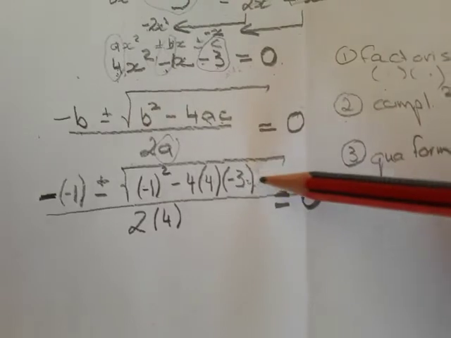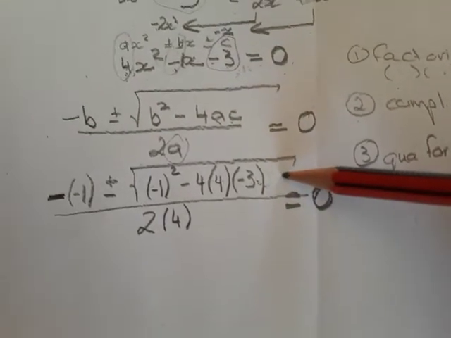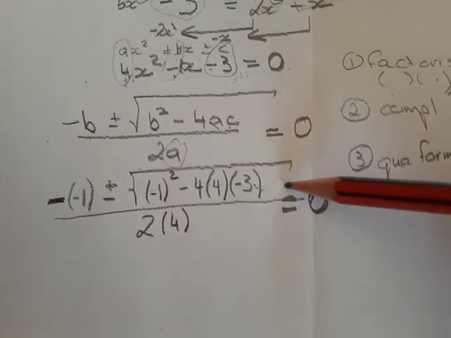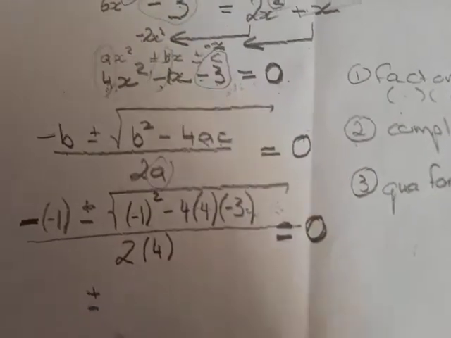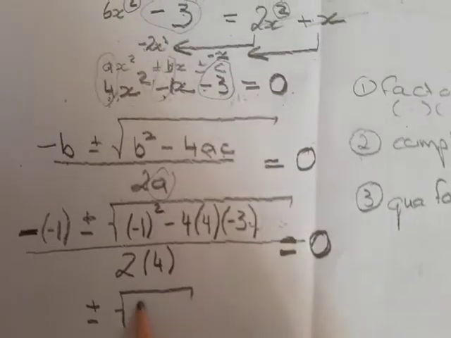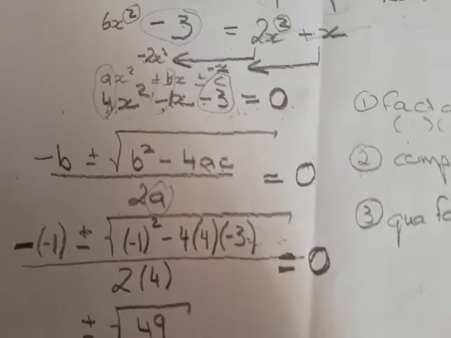You have to enter that exactly like this into your calculator, otherwise you get the wrong answer. I've done that before, so I know that this is the square root of 49.